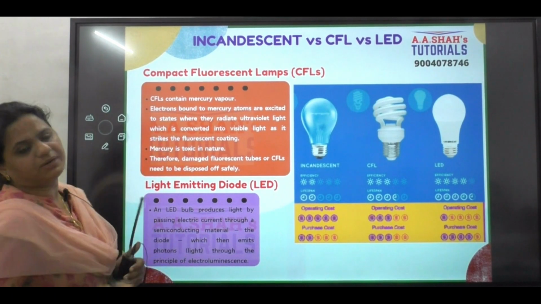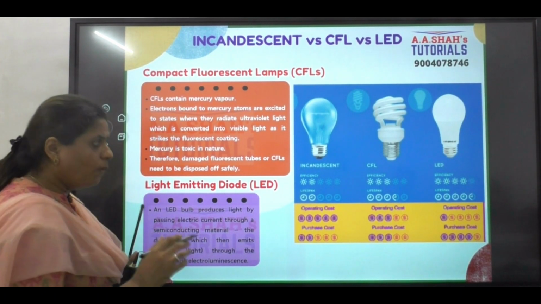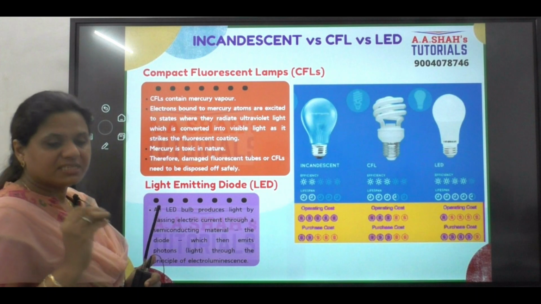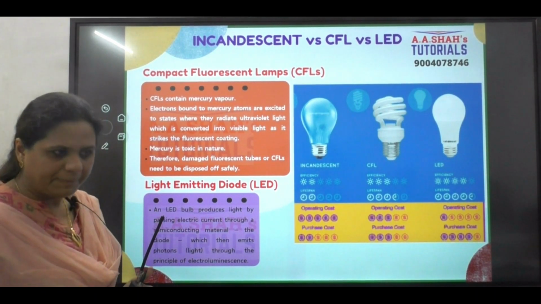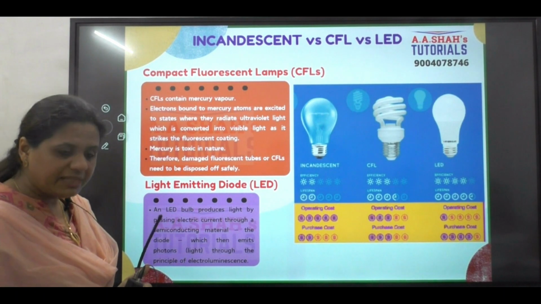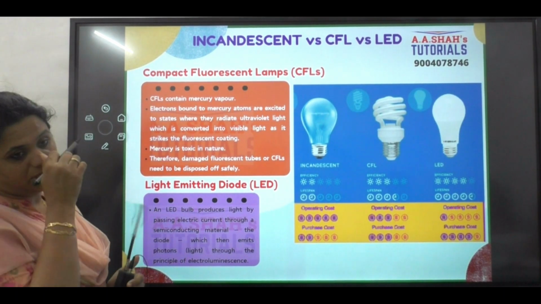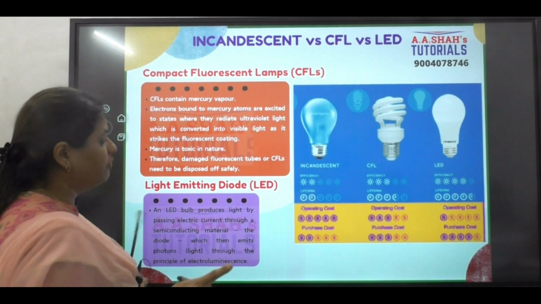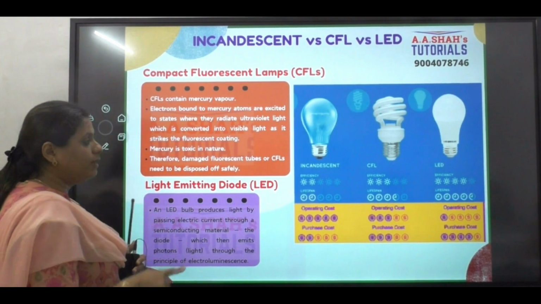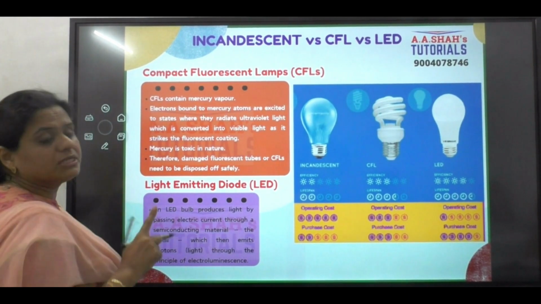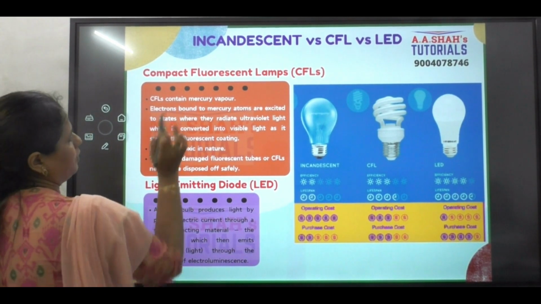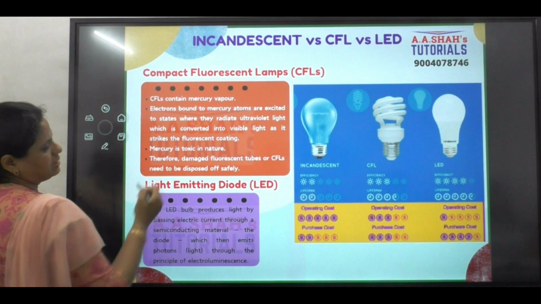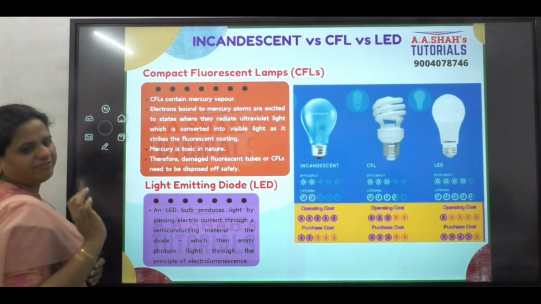Once you discard the CFL, this mercury will be in the garbage dump and will mix with the environment, and mercury once it goes into the environment causes harmful diseases. It's very harmful to humans as well as animals. So disposing of CFLs should be done very carefully. This is important. Mercury is toxic. It should be disposed of safely.